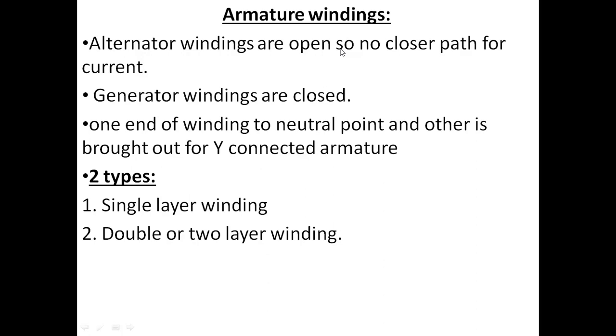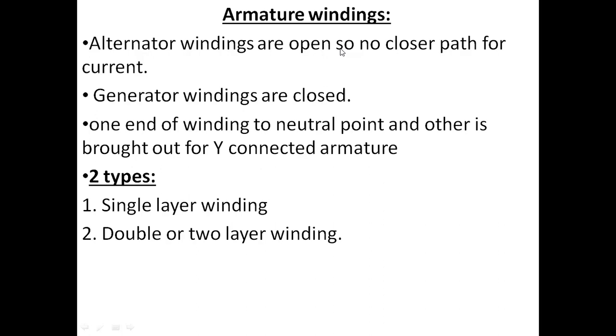I will explain what pole pitch is in further classes, but remember the EMF will be twice the pole pitch. So the number of cycles per revolution is equal to P by 2 and the number of revolutions per second is N by 60. From here I can write f is equal to PN by 120 Hz, right? After you rearrange this equation, we can write N is equal to 120 f by P.